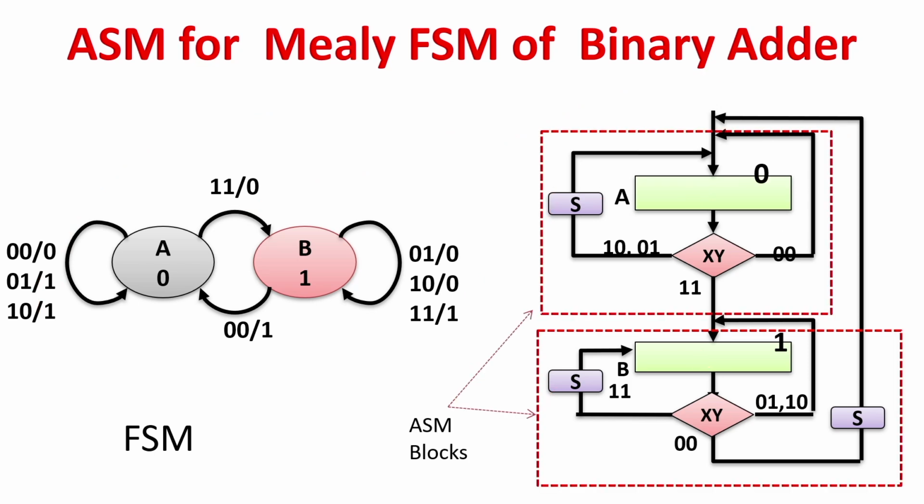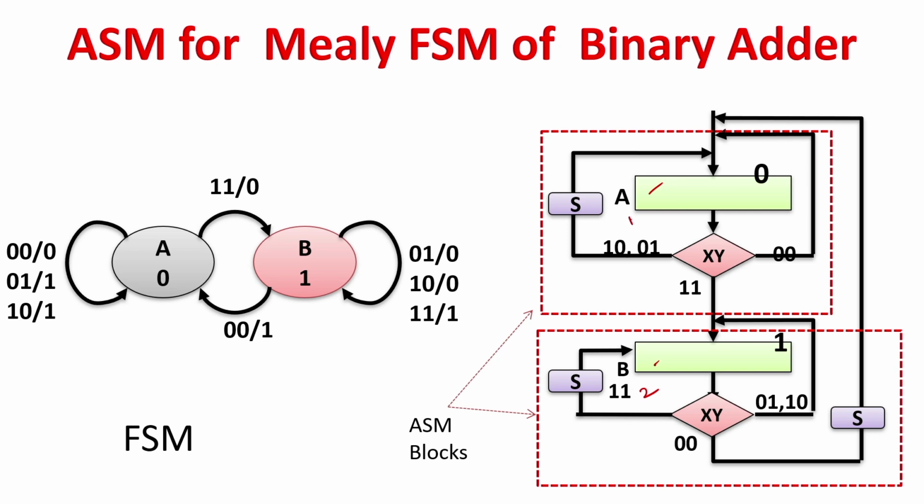In this example, there are 2 ASM blocks. The number of ASM blocks is the same as the number of states. For these 2 states we have 2 ASM blocks, and an ASM block executes in one cycle.